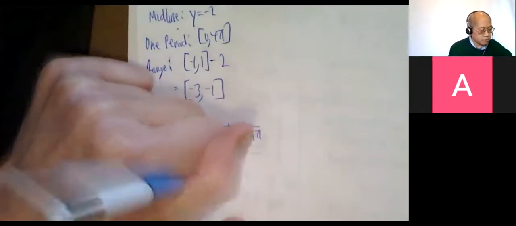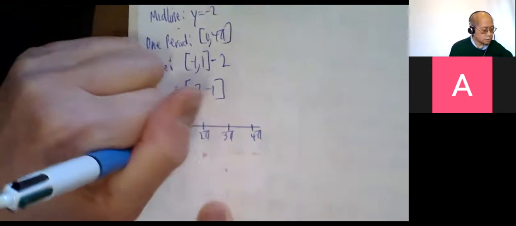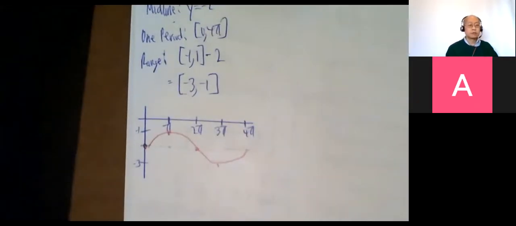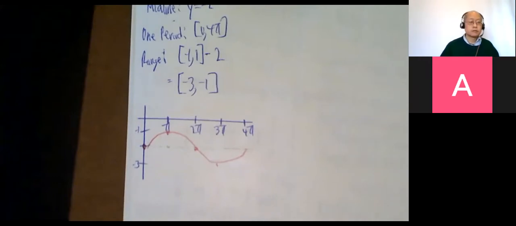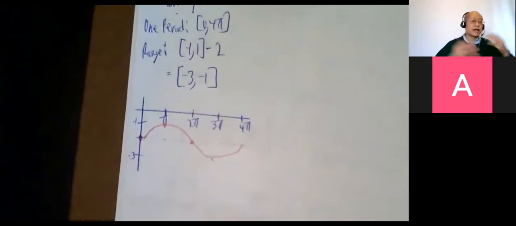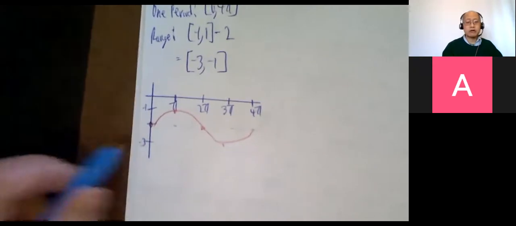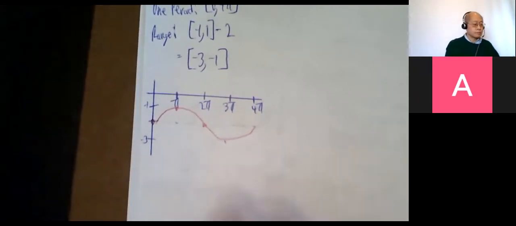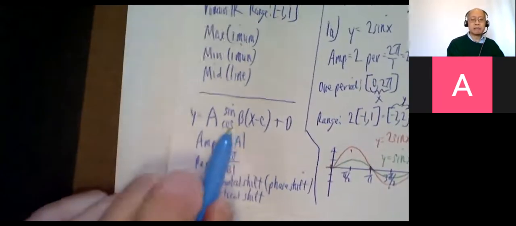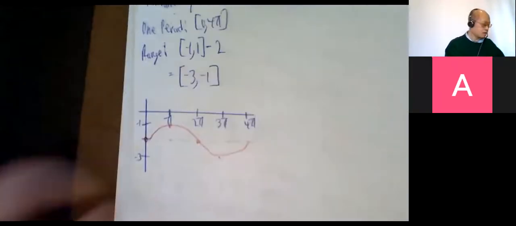And then minimum, midline. So you see, there's a lot of things going on here, a lot of moving parts for these kinds of problems. We have to account for all of these: the A, the B, the C, and the D.